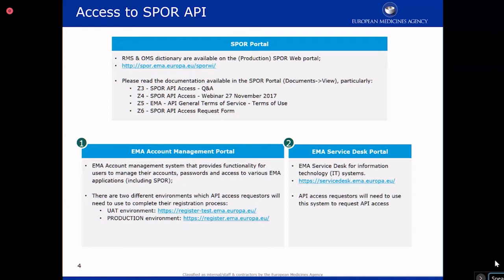The links are on this presentation, which we will make available on the same SPOR Web UI portal once the presentation is finished. For any issue or questions, you should use the EMA service desk to raise a ticket, and we will try to answer as soon as possible.